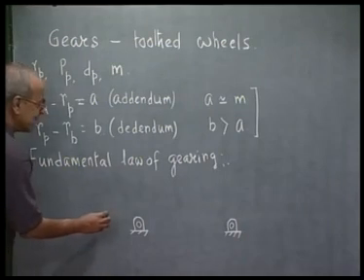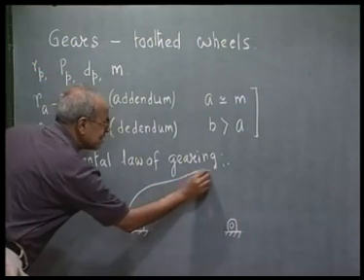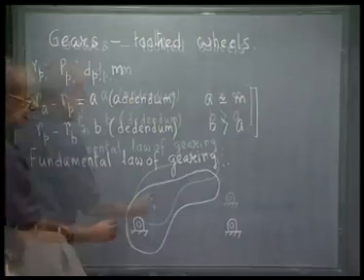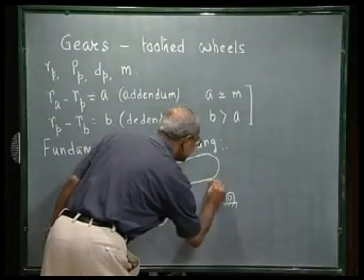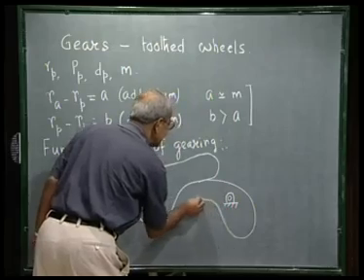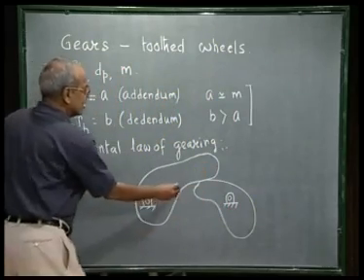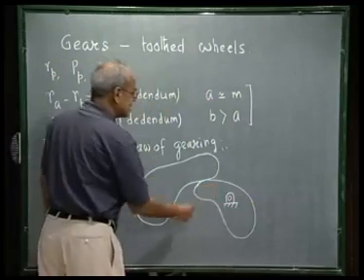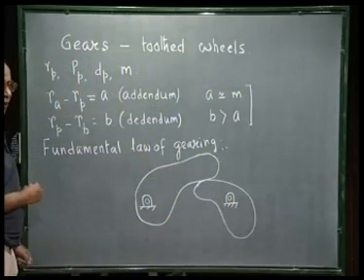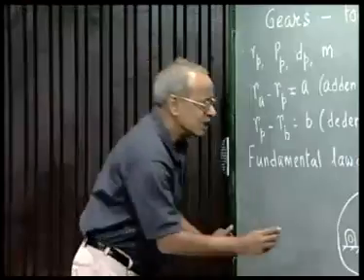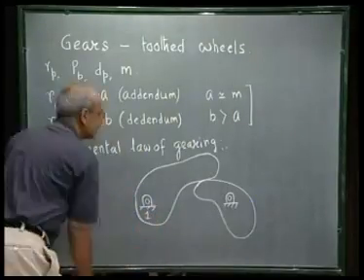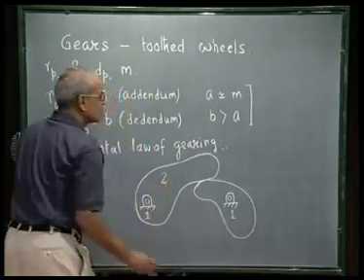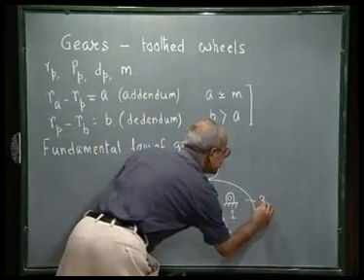Now, the question that is asked, suppose this is one gear, a rigid body, and this is another gear. What is the condition necessary such that these two gears maintain a constant angular velocity ratio? So, let me say this is fixed link 1, this is gear body 2, this is another gear body 3.